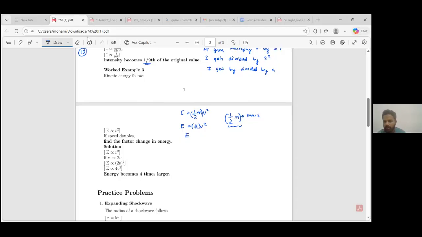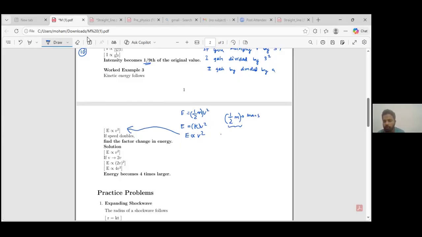If you have it like that, you can say E is proportional to v squared. If there is just a constant like this and you have a quantity v squared, that means E is proportional to v squared. That is what they have said here. You should be able to figure this out on your own. So E is proportional to v squared.